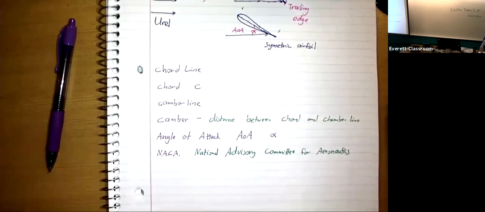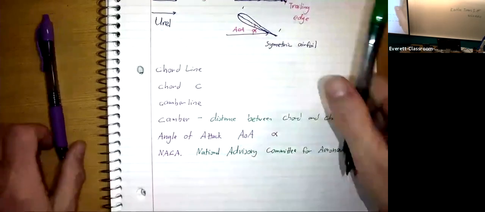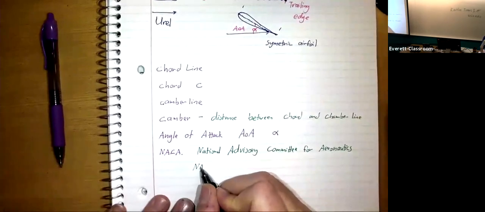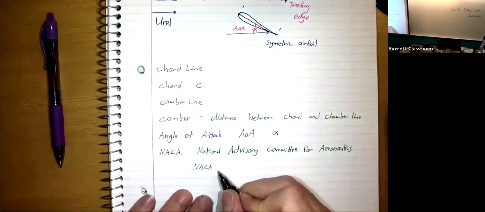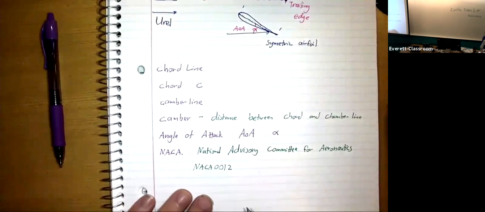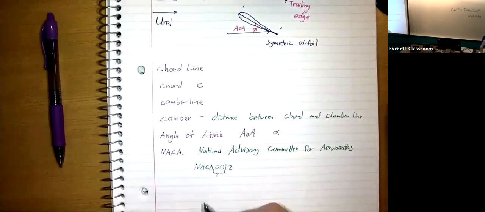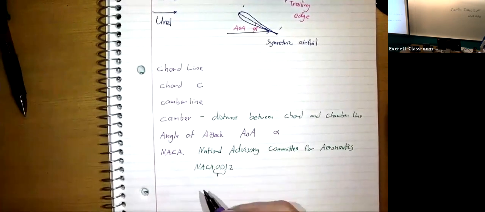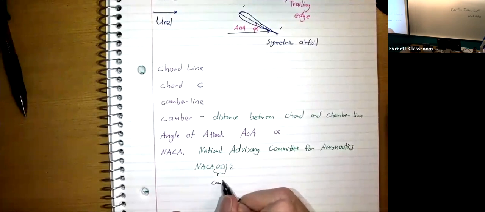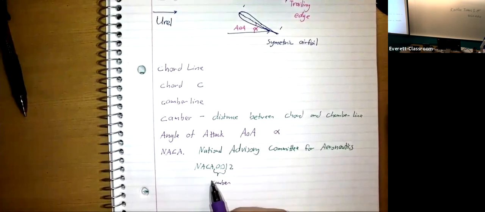Okay, so you'll see things like NACA 0012, where the 00 refers to the camber. So this would indicate a symmetric airfoil.